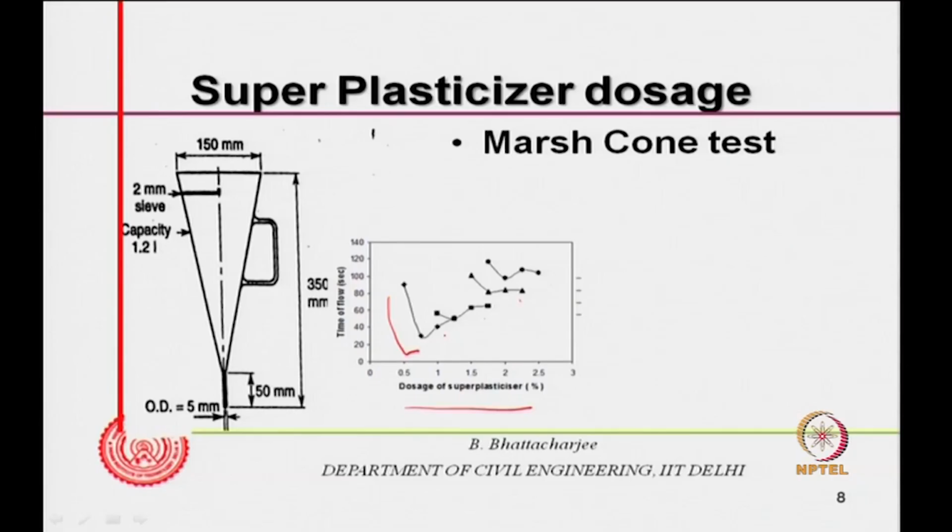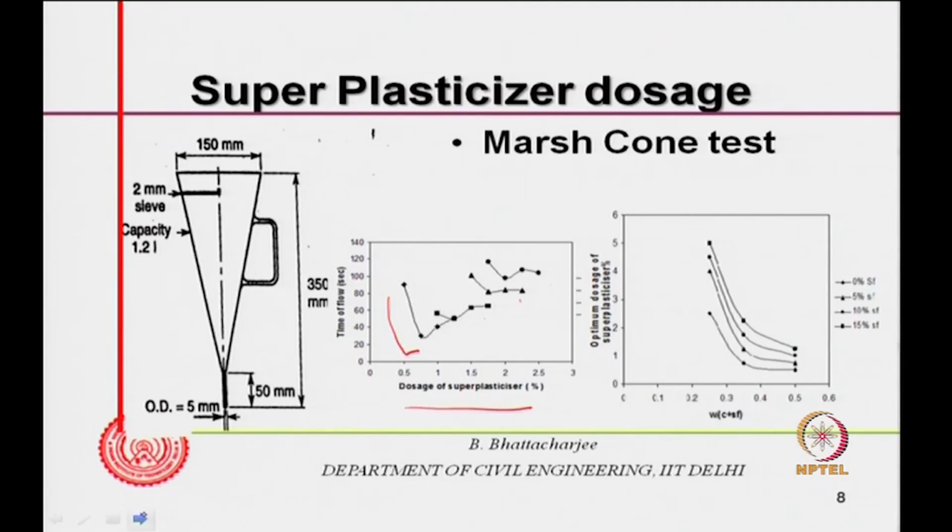For different superplasticizers you might get these kinds of values, and might choose a suitable superplasticizer based on this. The optimal superplasticizer content for different silica fume contents, 0, 5, 10, 15%, has been plotted here. You can see that the optimum superplasticizer content for a water to cementitious ratio of about 0.35 is somewhere here.